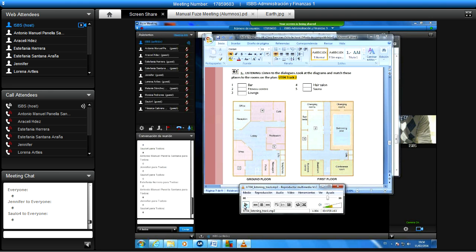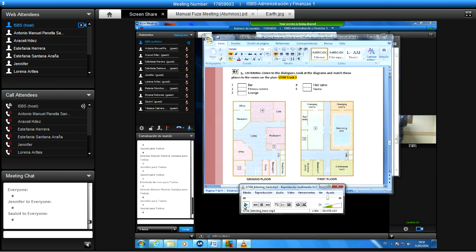Because it's an indirect question. So it's not, where is the sauna? Where is the hotel sauna? No, it's, could you tell me where the hotel sauna is? So it's indirect. The question is, could you tell me? And then the other thing is like a statement, so it reverts back to the standard order.